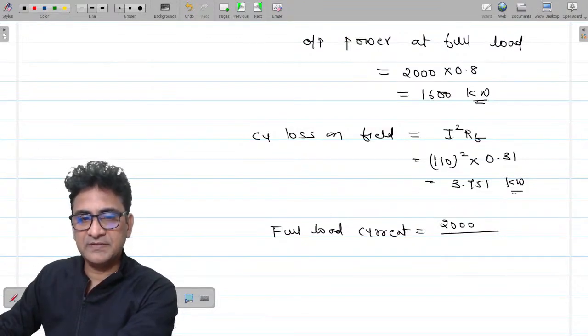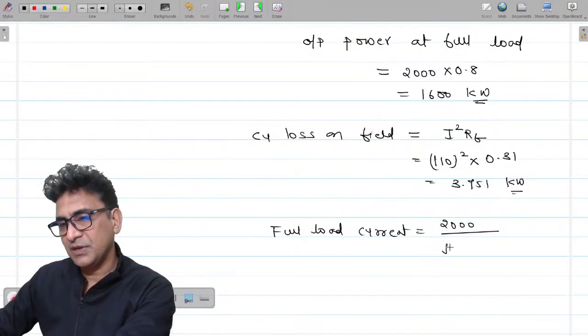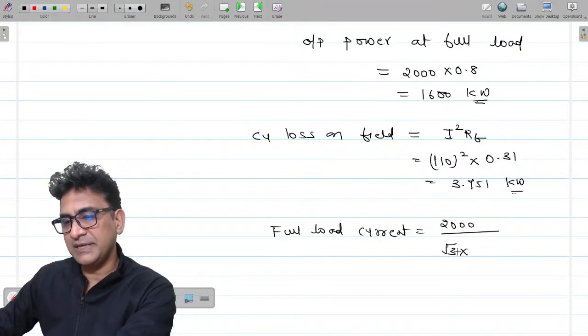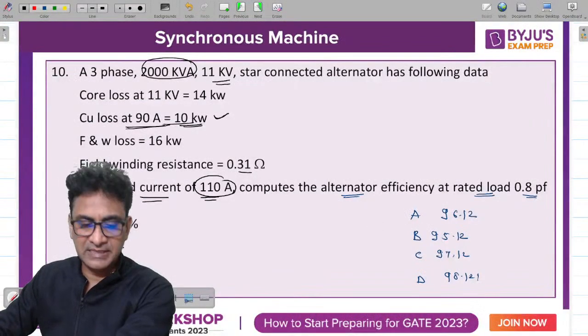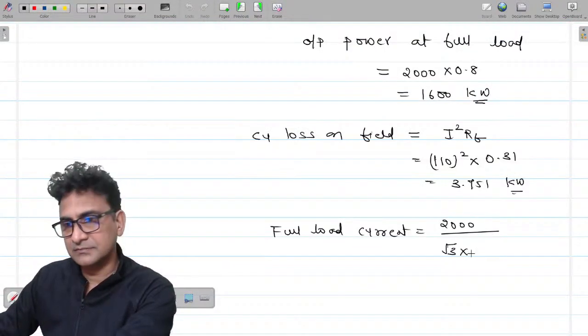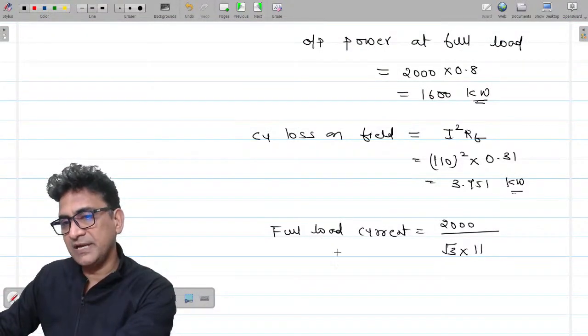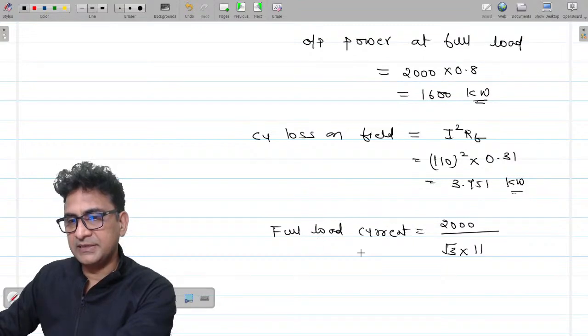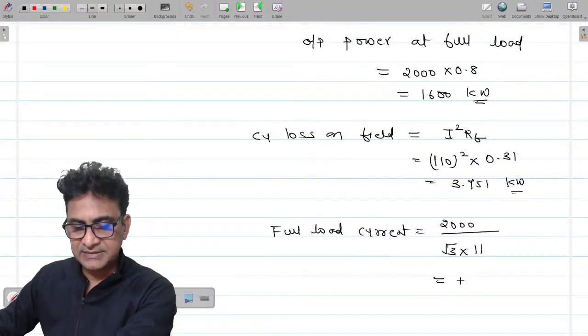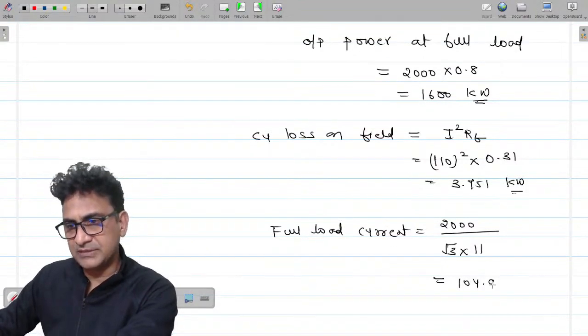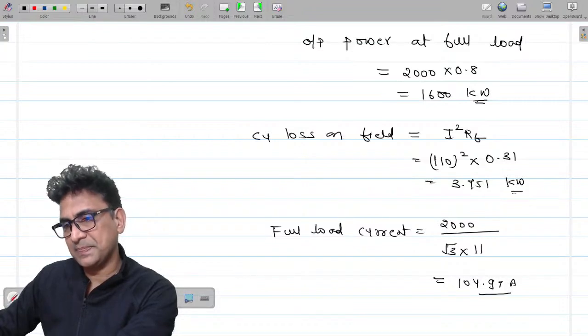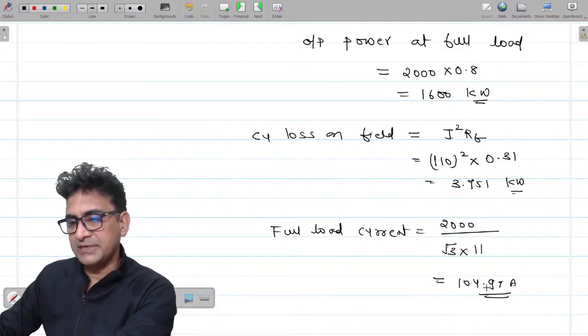It is 3-phase kVA, which is equivalent to root 3 VL into IL. VL is 11 kV. So you will get the value of line current. And in case of star connection, line current and phase current are the same. It is 104.97 ampere. So this is my full load current.